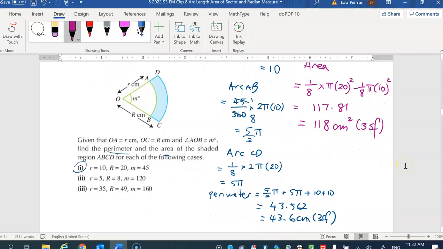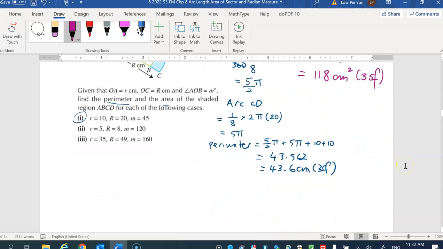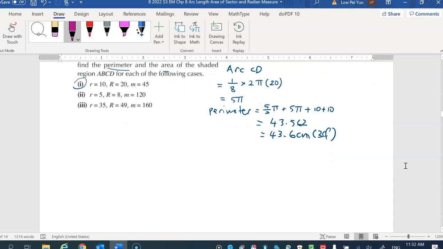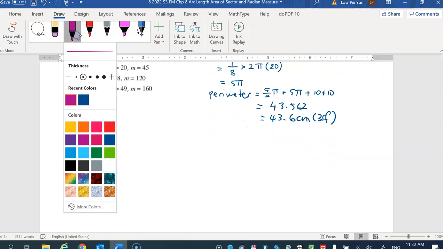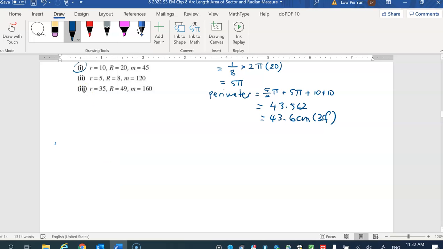Now let me do part 2. Bearing that in mind, let us look at part 2. Again, same steps, AD equals to BC. Now I take the longer radius, 8 minus 5, giving me 3.